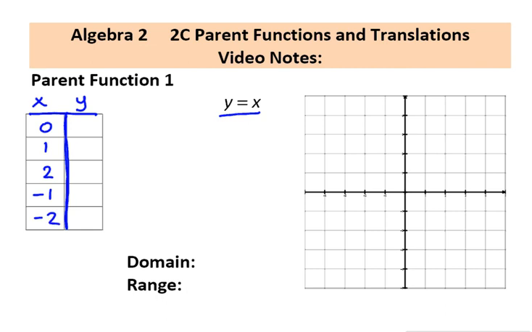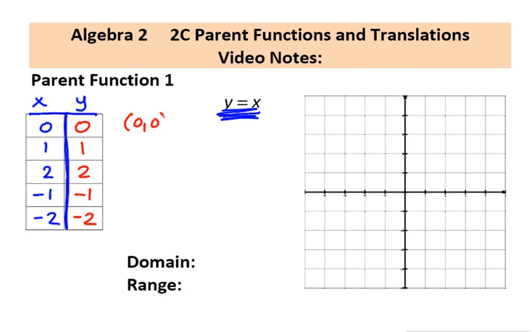Now this function where y is equal to x, that says that y is the same as x, so really we're just going to write this in: 0, y is the same as x, so x is 2, y is 2, x is -1, so y is -1, x is -2, so y is -2. I can write these as ordered pairs.